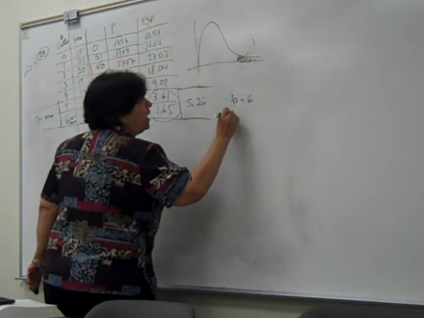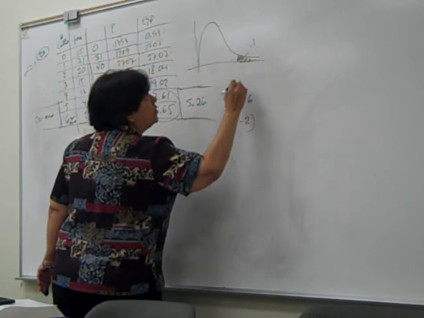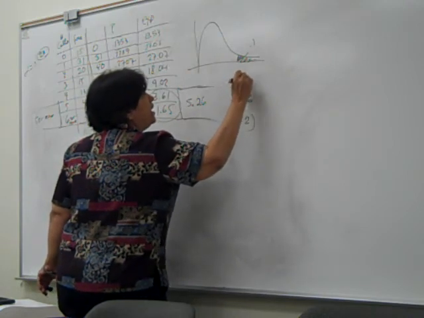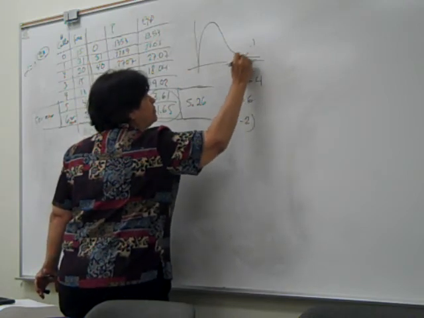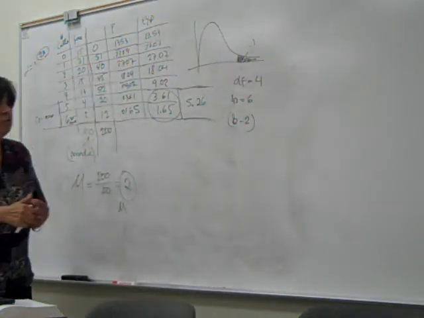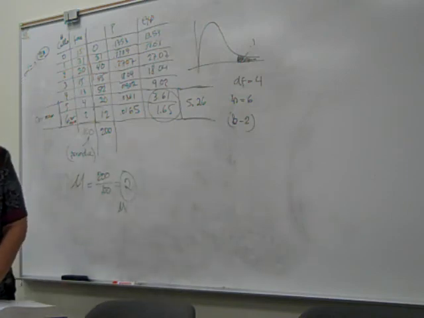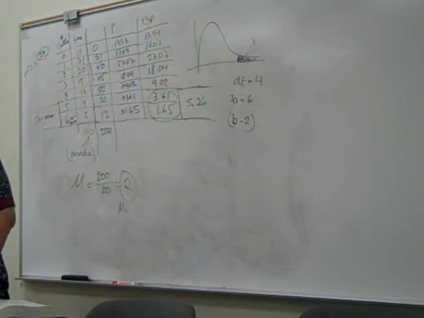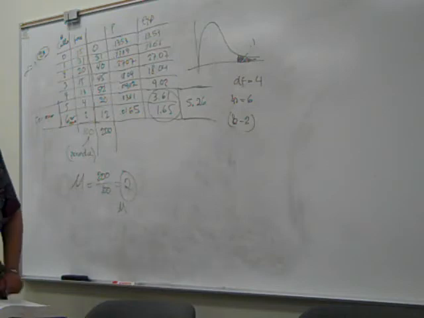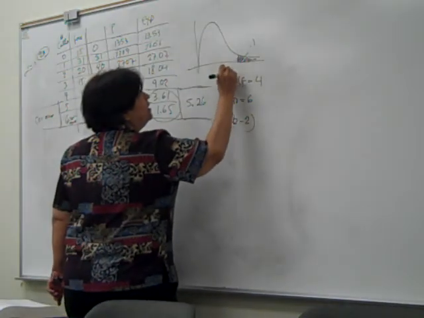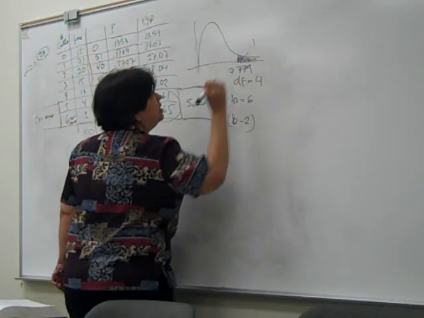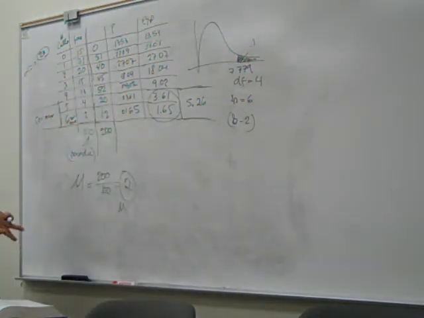So it has to be k minus 2. So the degrees of freedom in this case is equal to 4. Go to the chi-square probability distribution with 4 degrees of freedom, and 0.1 is 7.779.